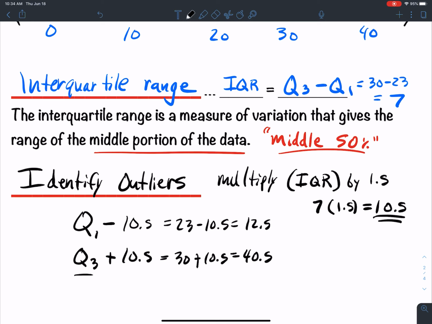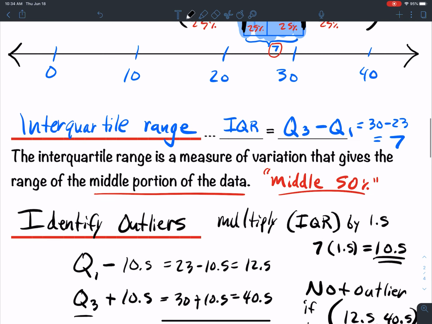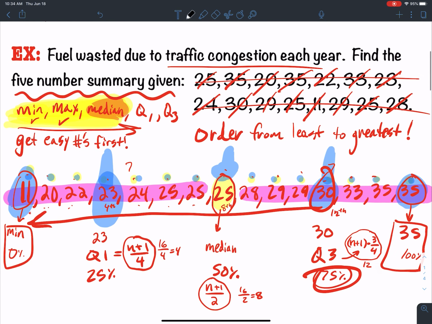So you're not an outlier if you're inside the range 12.5 to 40.5, okay? But if you're outside that range, then you are an outlier. Let's go back and look at the original data.